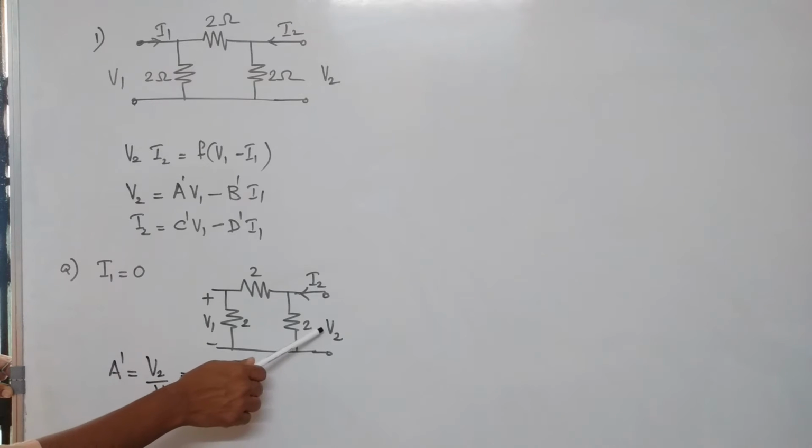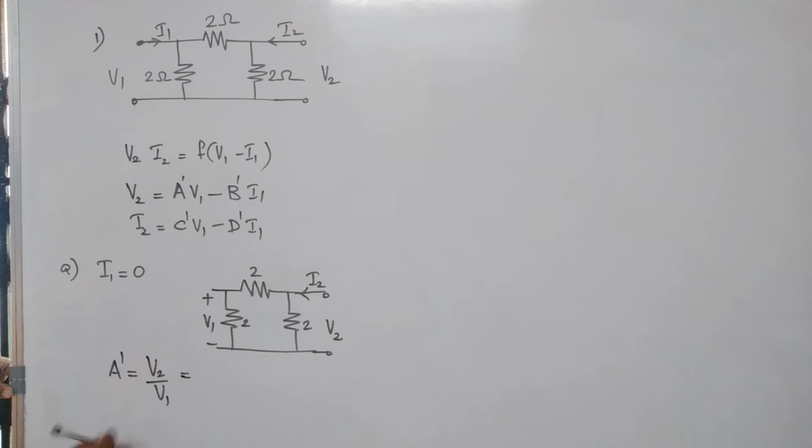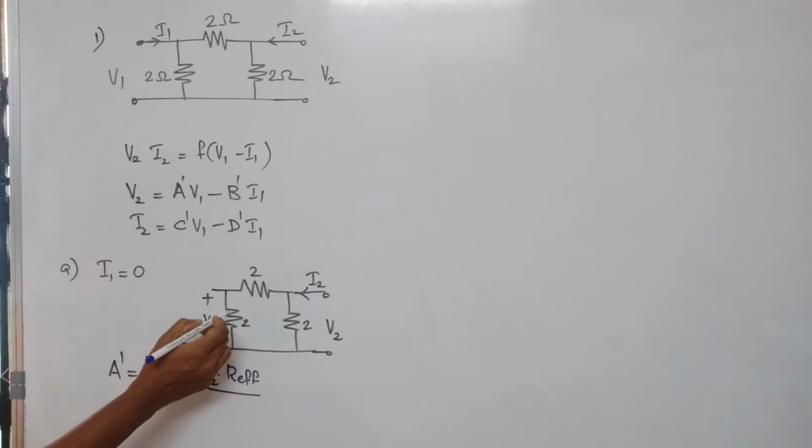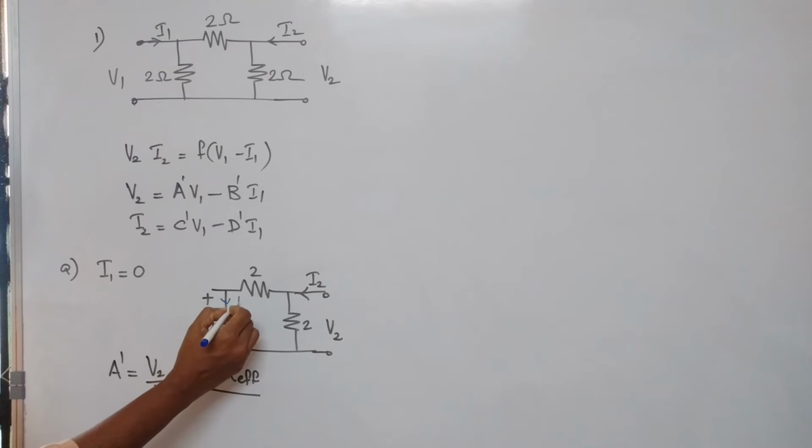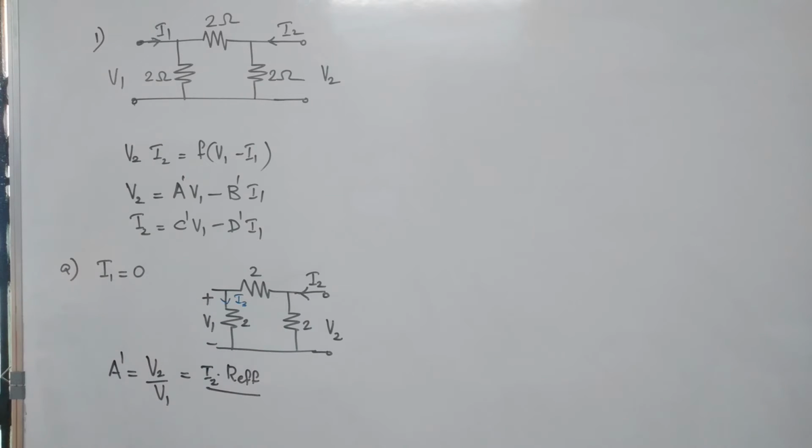Now what is V2? V2 is I2 into R effective, divided by V1. Suppose the current flowing through this 2 ohm is I3, then V1 will be I3 into 2, correct?